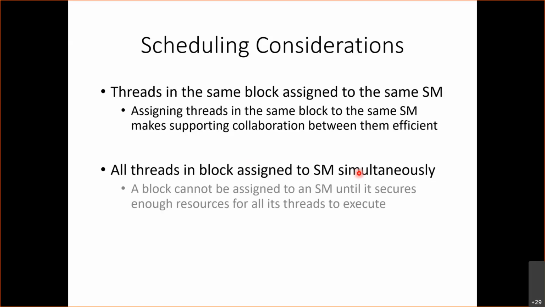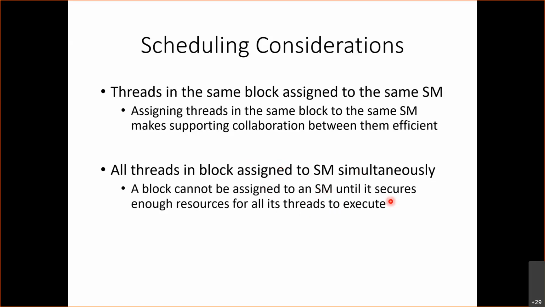The block cannot be assigned to the SM until it secures enough resources for all of its threads to execute. So if I find an SM with 1,024 thread slots free, I can assign my threads to that SM. If I don't, I have to wait.